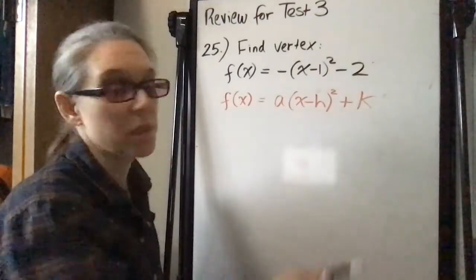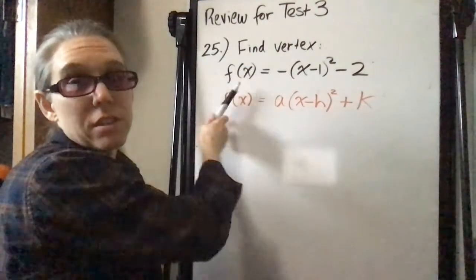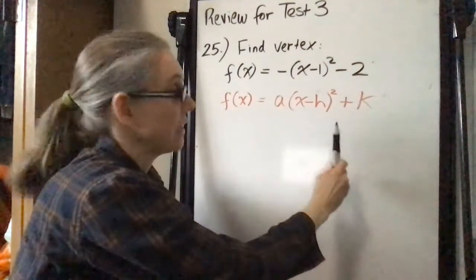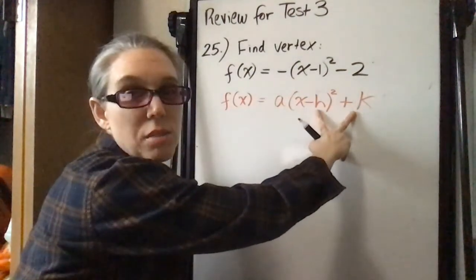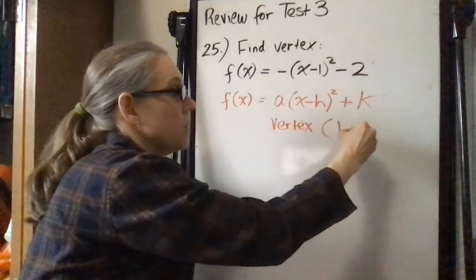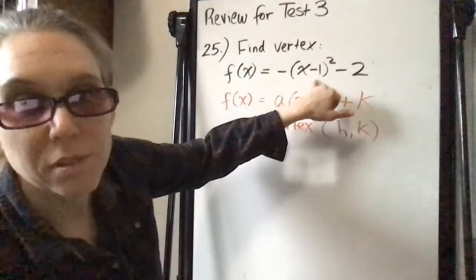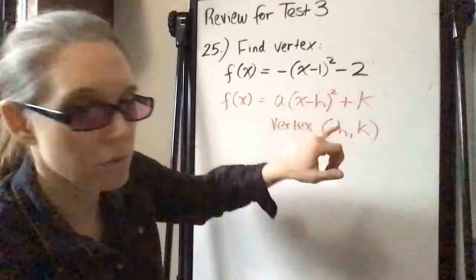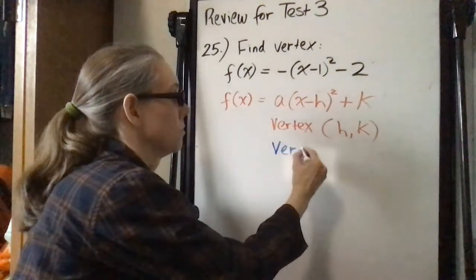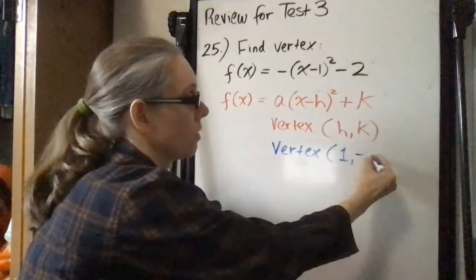Okay, so for question number 25, you're given an equation in vertex form, and you're told to find the vertex. Remember that anything written in vertex form, you can identify the vertex easily by just looking at these two values. The vertex is always going to be h comma k. So you take the opposite of this number, so the opposite of -1 would be +1, and then you take the k value, whatever it is.